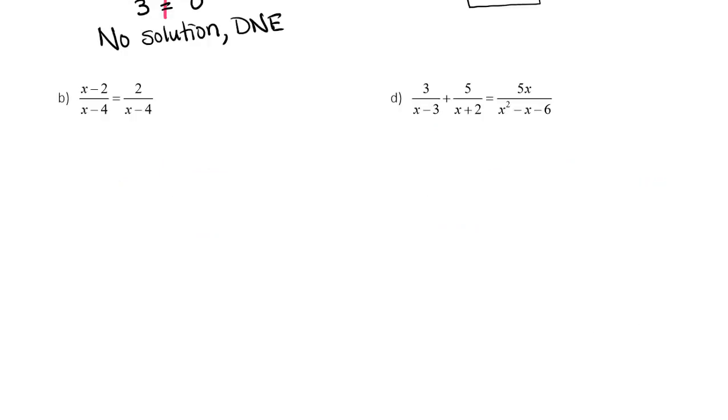Let's try two more here. We have (x - 2)/(x - 4) = 2/(x - 4). Our LCD is x - 4, and our value for which the domain is restricted is 4. So x cannot equal 4. So that's the number I'm going to multiply on both sides by.